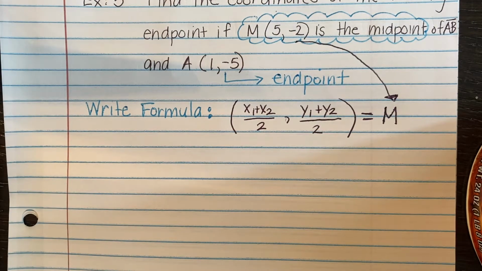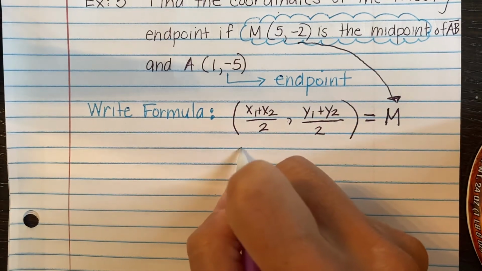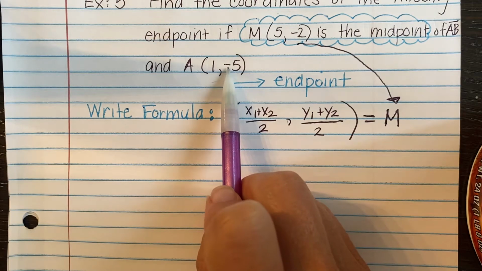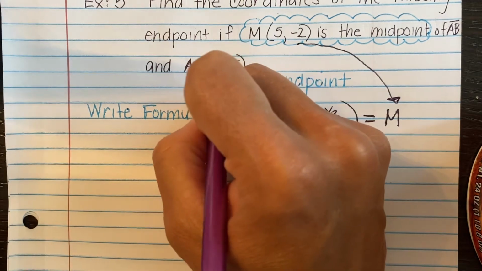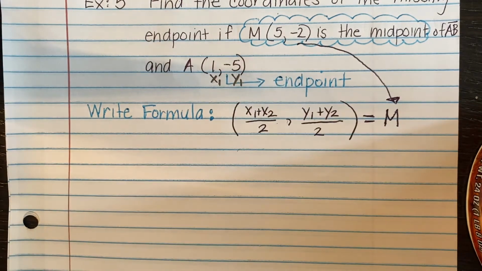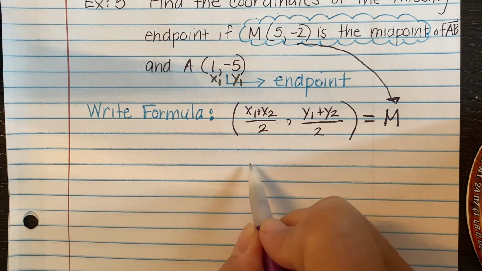All right, so we're going to start plugging some information into our problem in order to solve. So if I look at my problem, this is my endpoint. So I should label my points before I begin: x1, y1. So now I know where to plug them in when I use the formula.